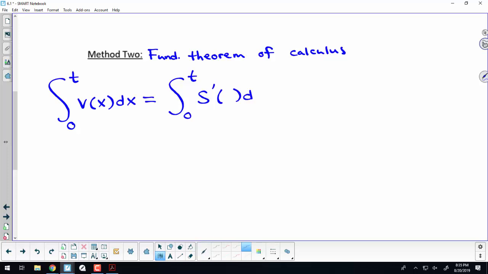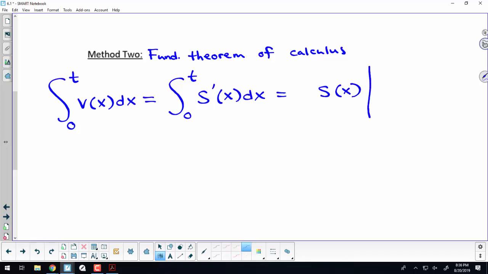Okay, so looking at it that way, what happens with the integral of s prime? It's what? Yeah, it's just s, right? If I take the antiderivative of this derivative, don't they undo each other? So the antiderivative of s prime is s.